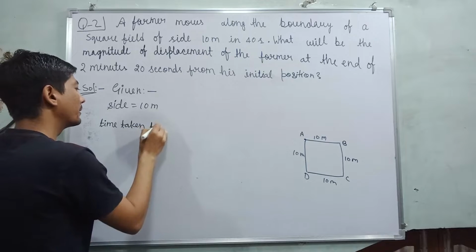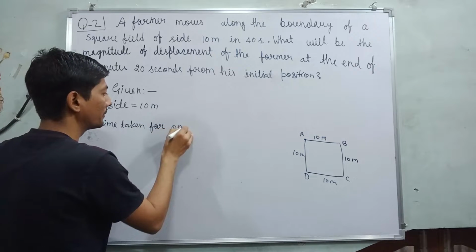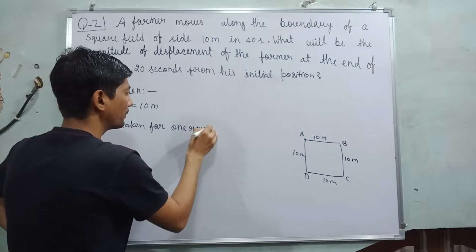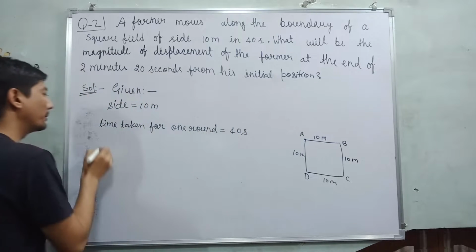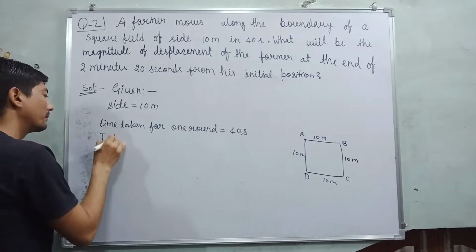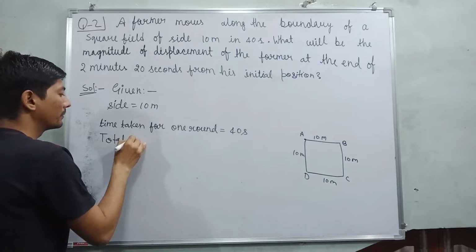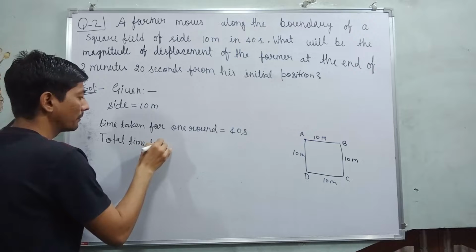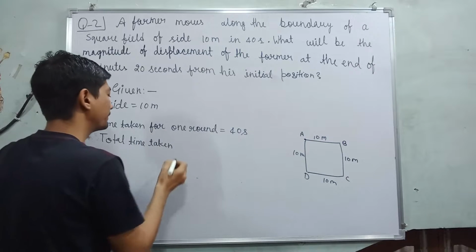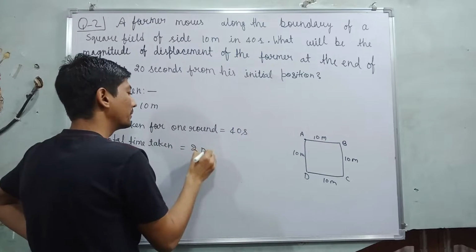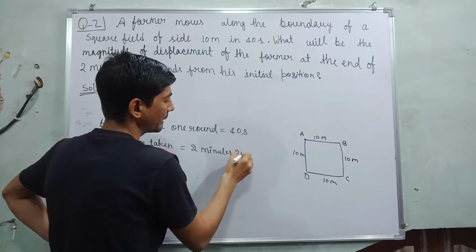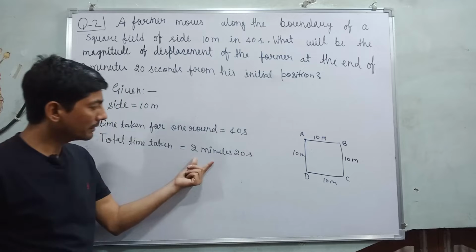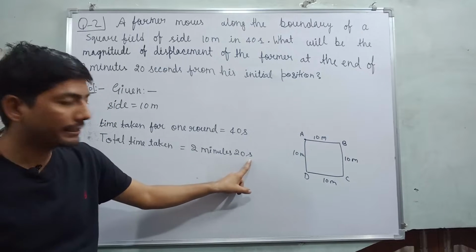Time taken for one round is 40 seconds. Total time taken is equal to 2 minutes 20 seconds.